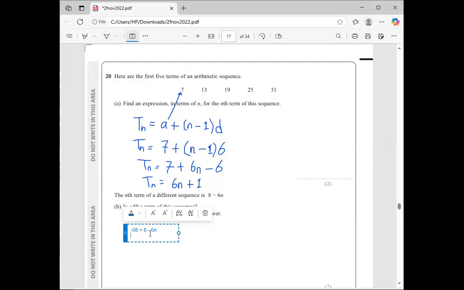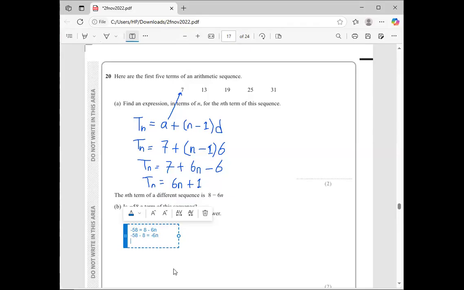So first things first, we're going to collect like terms. That means 8 will go to the left-hand side. That's going to give me -58. And because 8 was positive on the right-hand side, by the time it gets to the left-hand side, it becomes negative. And don't forget that there's a negative in front of your 6n already. So that negative doesn't say goodbye. It takes it, it owns it.